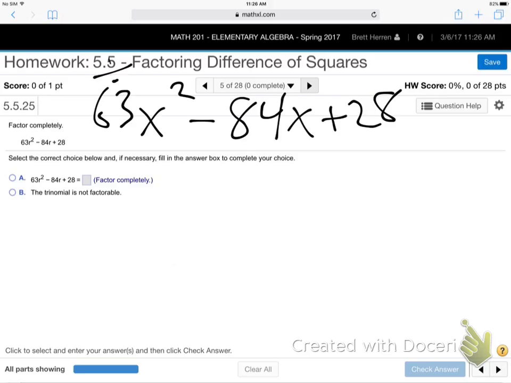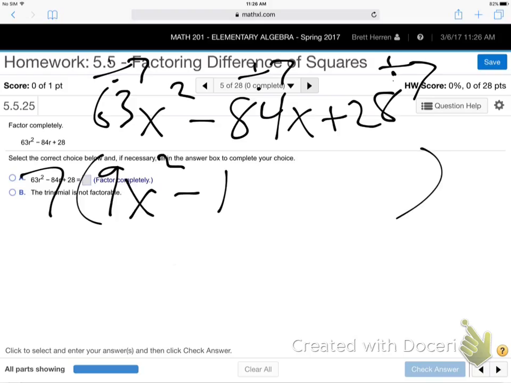So divide by 7, divide by 7, divide by 7. You put a 7 in the front, divide them all by 7, you get what? 9, 12, and 4? Factoring problem. Is that making sense so far? Because if I multiply that, it would go back, wouldn't it?